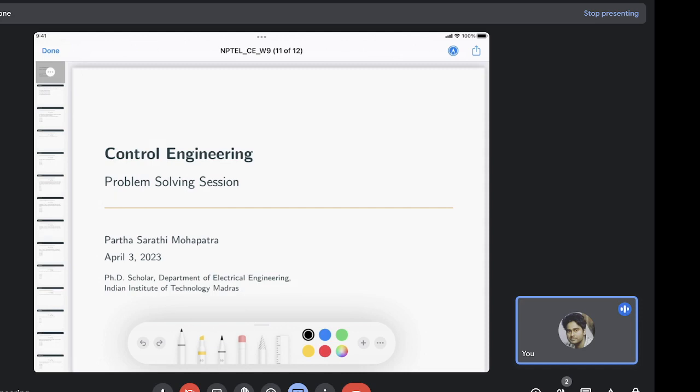Using this lead compensator, because it provides a positive angle, we can add some positive angle at the gain crossover frequency of the original uncompensated system, and that's why we can increase our phase margin. But because it also provides some gain, our gain crossover frequency may shift to the right, so we have to take account of that also.